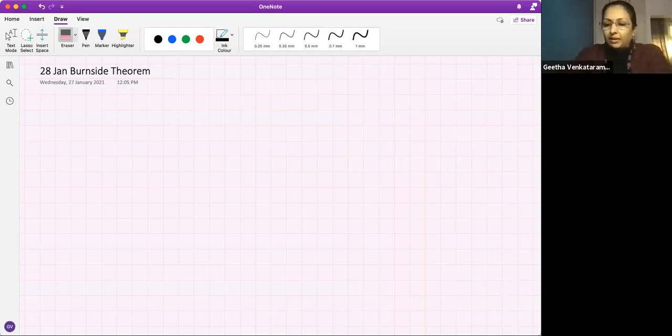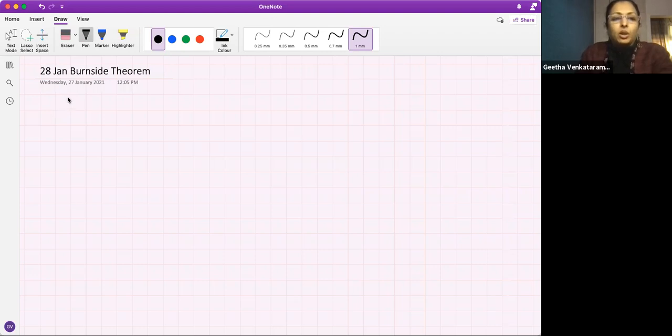Okay, so let me start with a very quick review of what we did, just the basic definitions, and then we will look at Burnside's theorem. It's an orbit counting theorem. It counts the number of orbits basically.